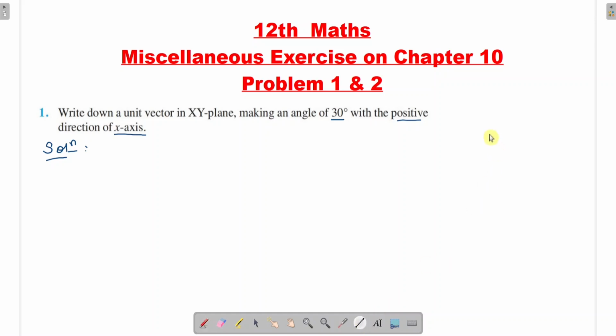Suppose we draw here the y axis and this is the x axis. Now you consider a vector in this way.